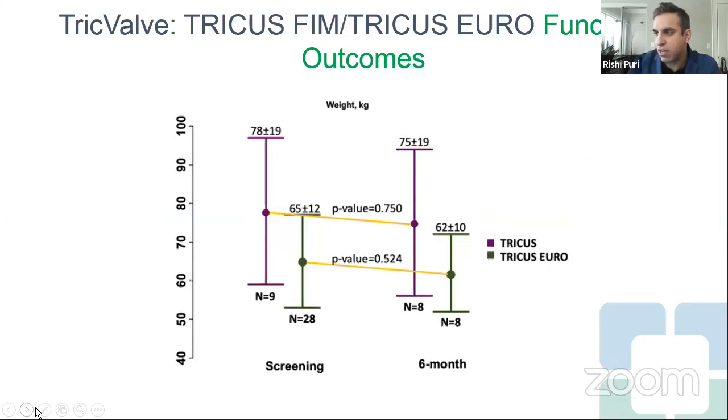Looking at functional outcomes from a weight perspective, we see trends in reductions in body weight. Some of my colleagues who have implanted this device in Europe tell me that those patients who had florid right heart failure had, within 36 to 48 hours, significant improvements in the degree of their edema, which is very promising.